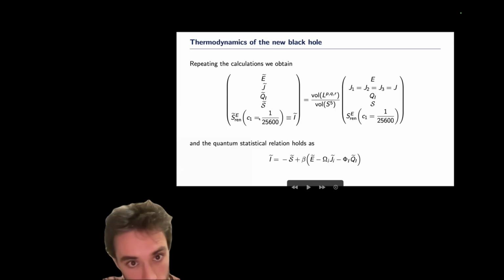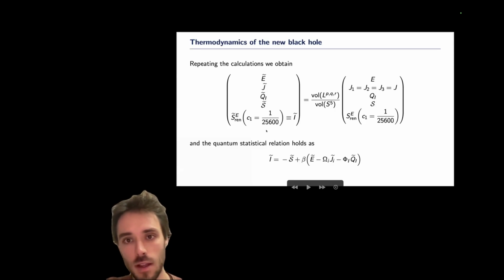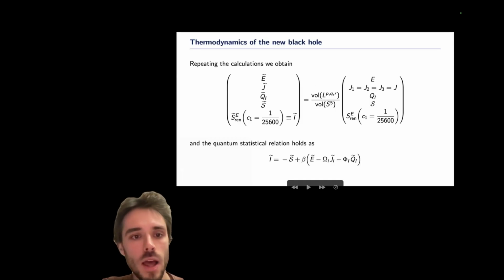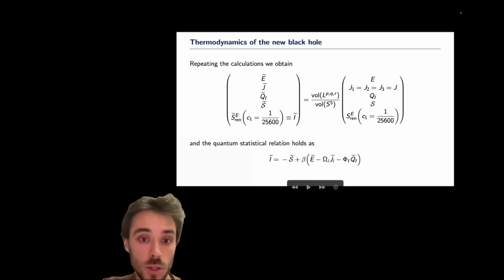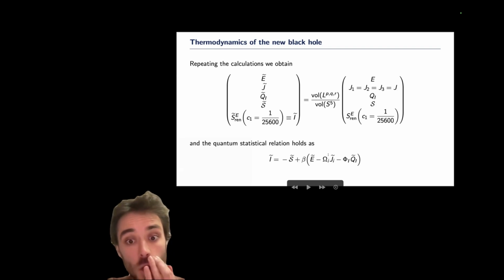You calculate all of the charges again, and they are just proportional to what you calculated before. And the proportionality is the volume of LPQR over the volume of the S5. That means that the quantum statistical relation holds in the following fashion: the potentials do not change, but all of the charges just get multiplied by a factor.